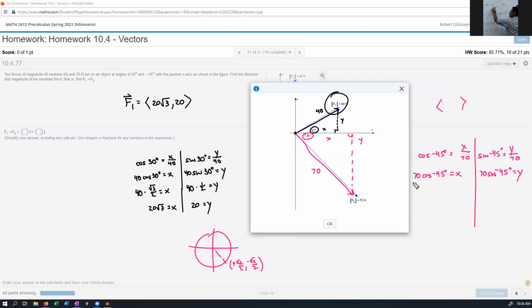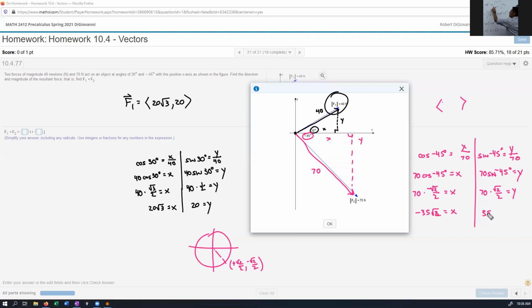So for cosine, I'm going to replace this with 70 times negative root 2 over 2 for x. And then over here, 70, and then positive root 2 over 2 for the y part, or for sine of negative 45. This becomes negative 35 root 2, because the 70 divided by 2, root 2 is x.